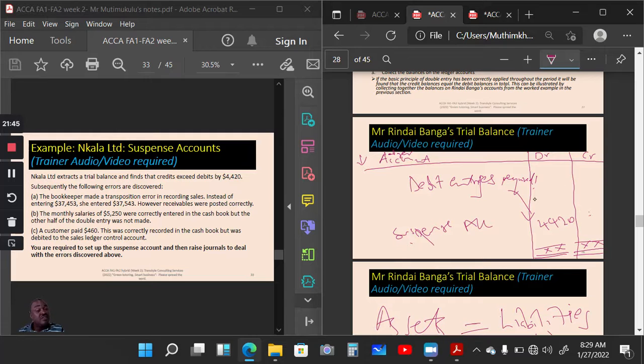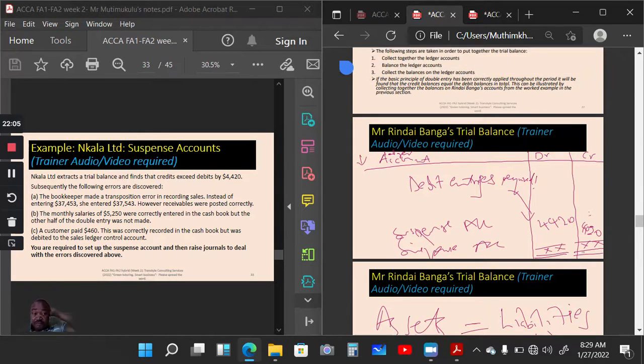When we find those debit entries, we have to remove this suspense account. This is why I said it is only going to be removed by another suspense account credit of 4,420, the same amount. But it is first opened on the side where there is a deficit in the trial balance.